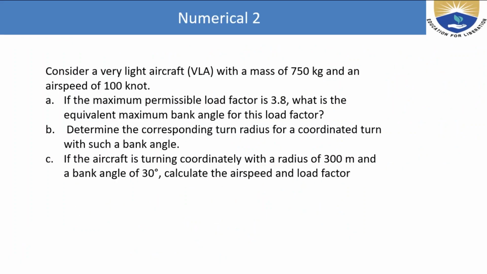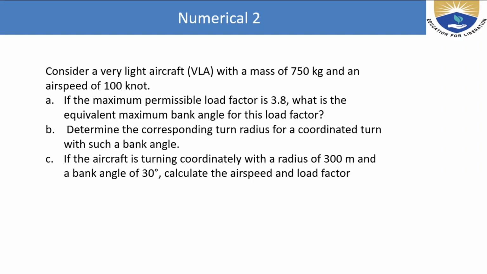Now I will talk about numerical number 2 that we will be discussing. I will read out this problem. Consider a very light aircraft with a mass of 750 kg and an airspeed of 100 knots. A. If the maximum permissible load factor is 3.8, what is the equivalent maximum bank angle for this load factor?